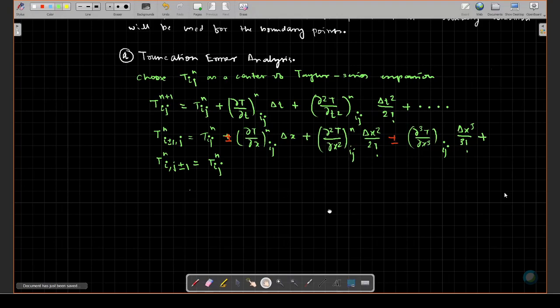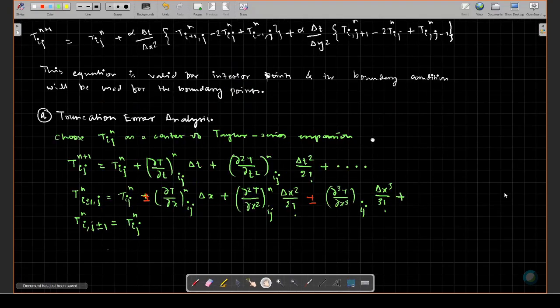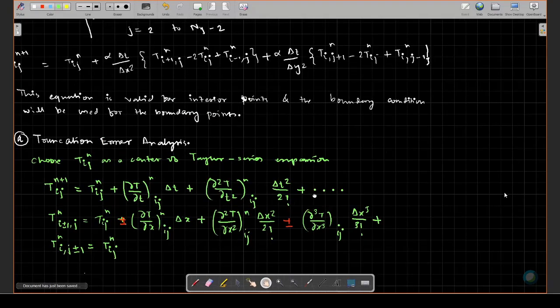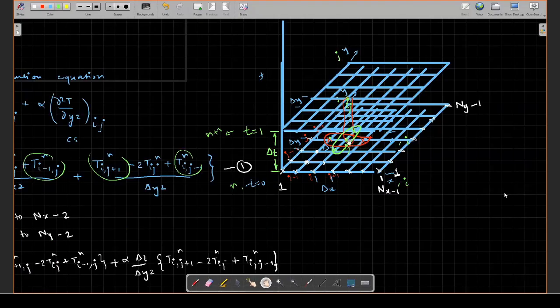When you are taking T_(i+1)j, we are considering this delta x, the distance between these two points. When you are taking T_(i-1)j minus T_ij, around T_ij this is also delta x.